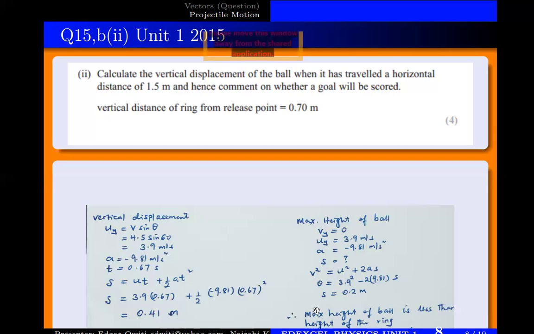So your comment should be that the goal will not be scored simply because the maximum height of the ball is less than the height of the ring. So with that comment, based on the calculated answer, then you are assured of getting your maximum mark of 4. So basically, that's how you tackle a question on projectile motion.